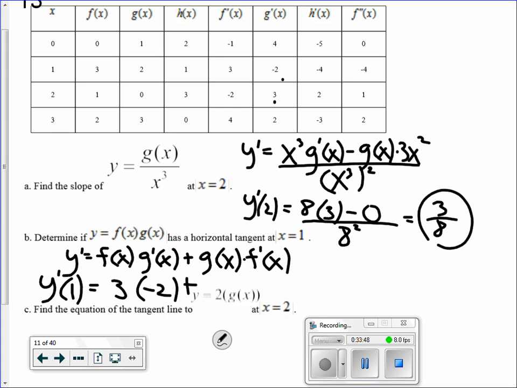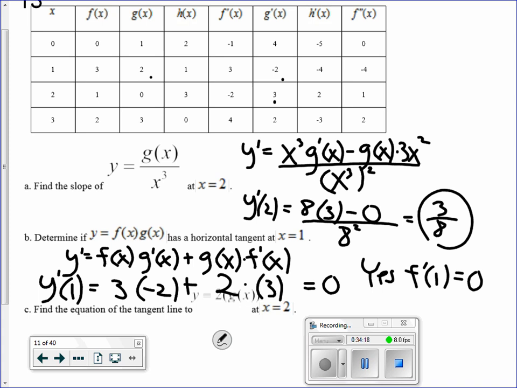Plus g of 1, that looks like 2 to me, times f prime of 1, which is 3. So we wind up with negative 6 plus 6. We get 0. So the answer is yes, because the derivative at 1 equals 0. I'm losing track.